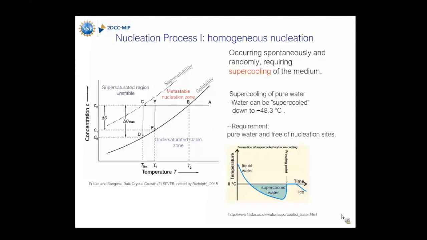In general, for tap water, if you reduce the temperature, you will get ice at 0 degrees C. However, if it's pure water without any impurity, you cannot get ice at 0 degrees C. Instead, you will get ice crystals when the temperature is reduced down to negative 48 C. The reason for that is the presence of supercooling.